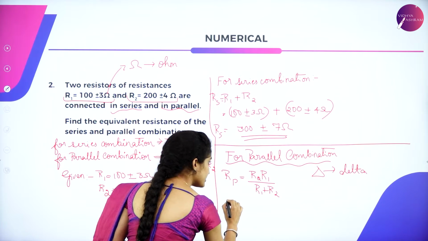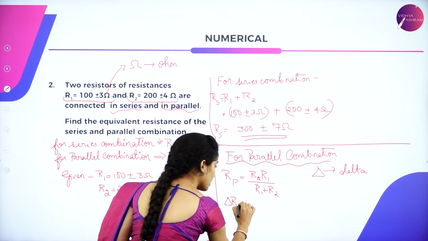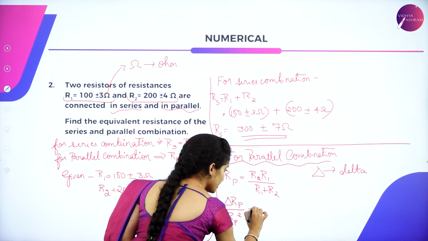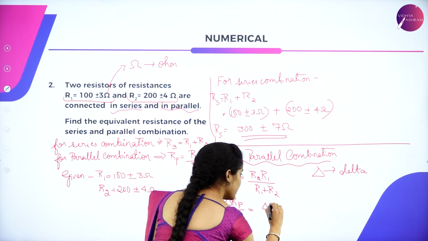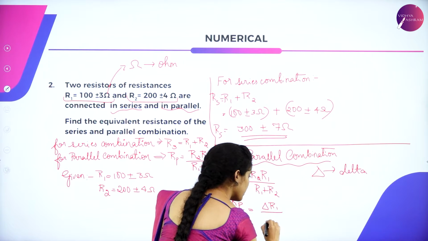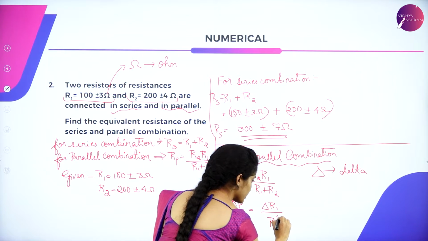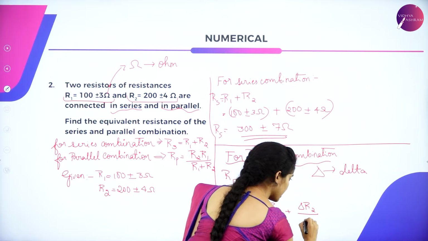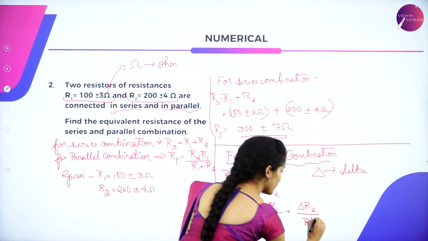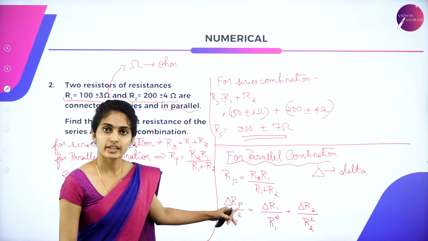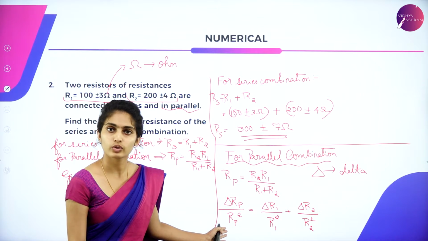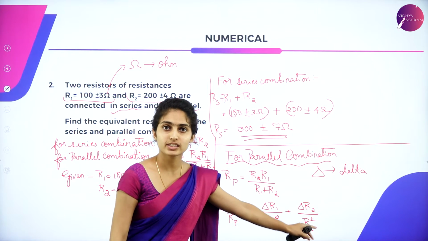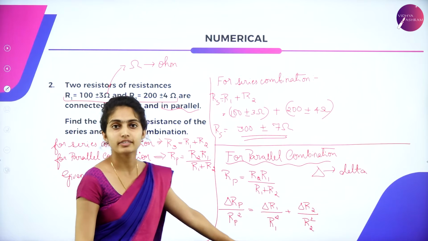So you can write this as delta Rp divided by Rp square is equal to delta R1 divided by R1 square plus delta R2 divided by R2 square. This is the error divided by the actual quantity. This is how it comes.